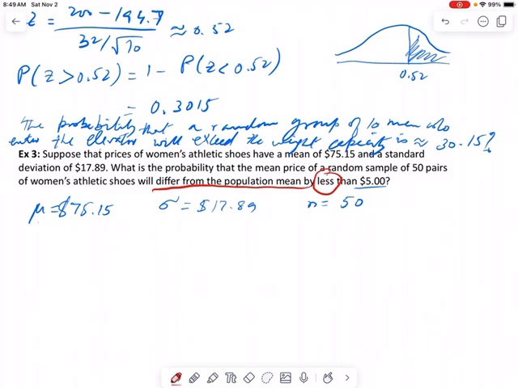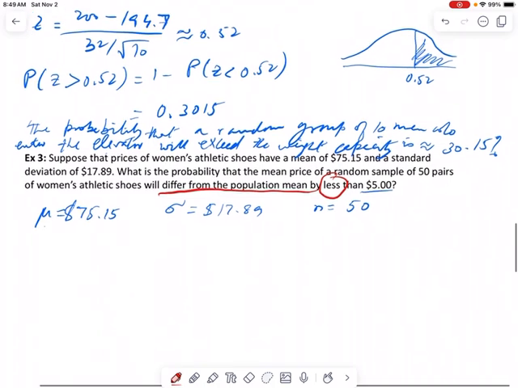So what it means is that if you know your population mean, what is a number which differs from mu by 5? So you can say mu plus 5.